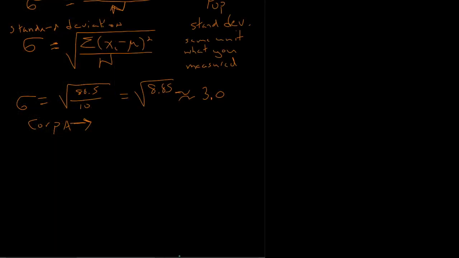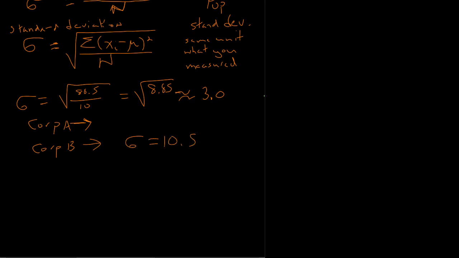So the calculator has calculated the standard deviation of a population. And so for Corp B, coming over to Corp B here, there we go. Corp B has a standard deviation of 10.5.